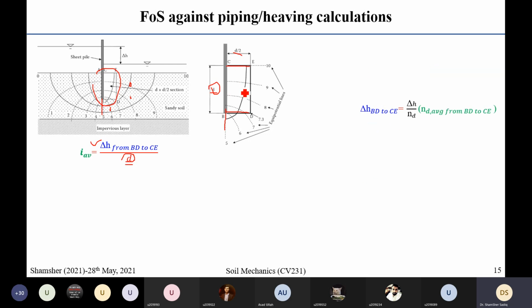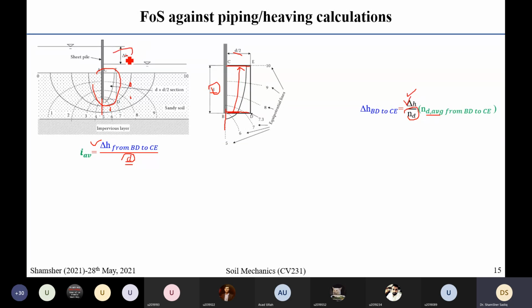The head loss in this wedge is equal to delta H, the total head loss, divided by the total number of equipotential drops, multiplied by the average number of equipotential drops from BD to CE, from this location to this location. Now capital delta H, how much is it?